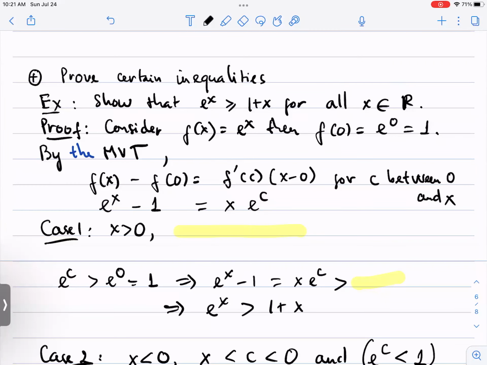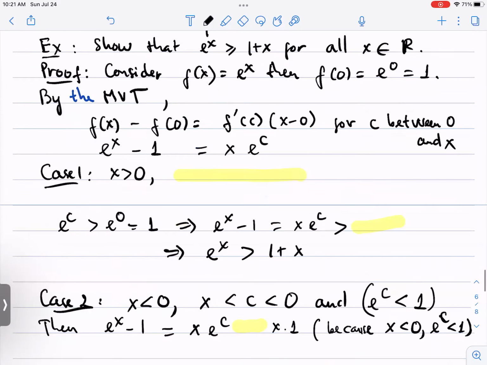So the left hand side is e to the x minus 1, and the other side is x times e to the c. The derivative of the exponential function is equal to itself. So we have this equation: e to the x minus 1 is equal to x times e to the c.